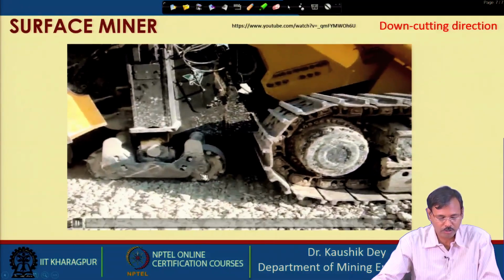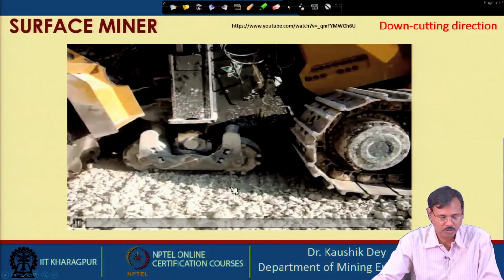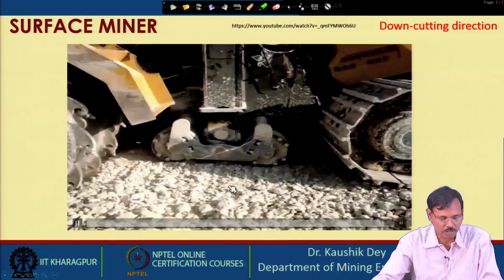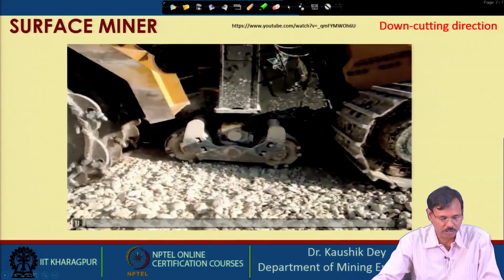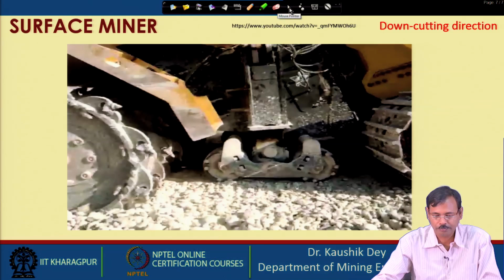This is the depth control system, which allows controlling the depth of cut, and this is how the cutting is carried out, and these picks are fixed on the cutting drum like this.